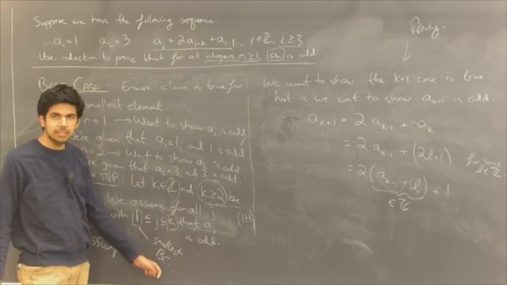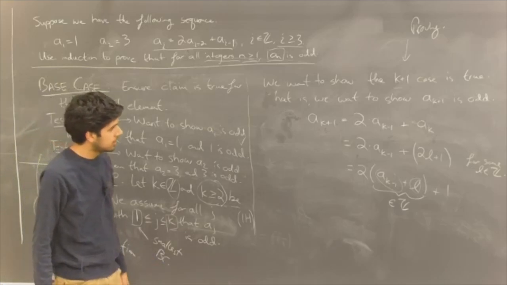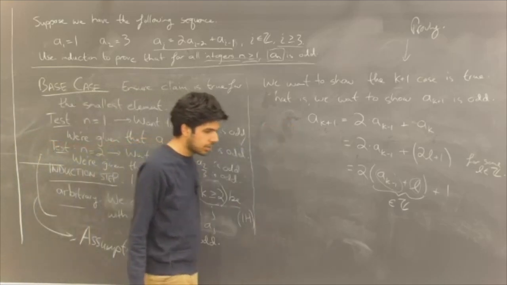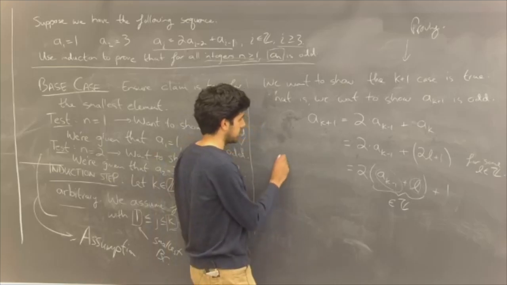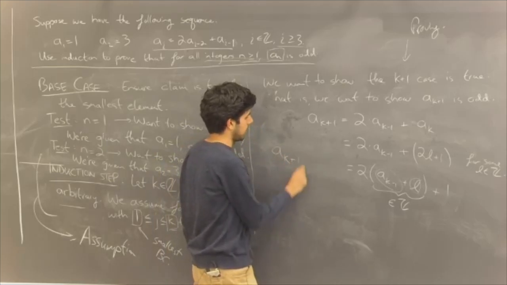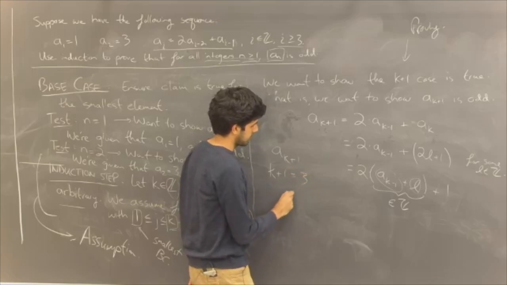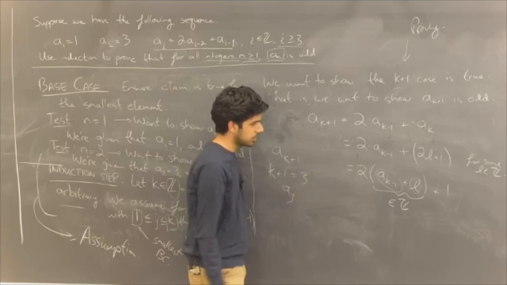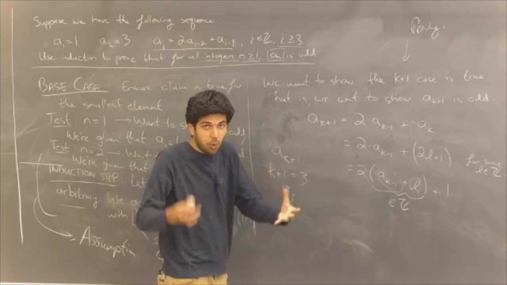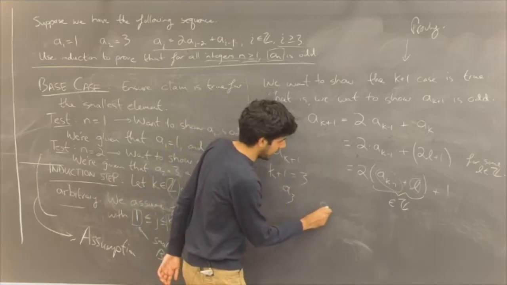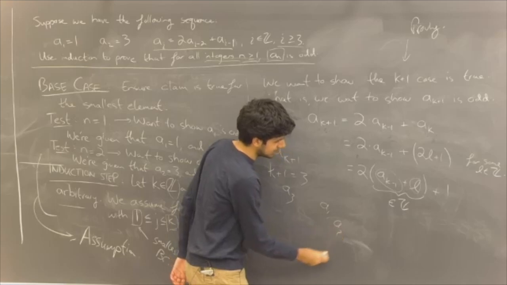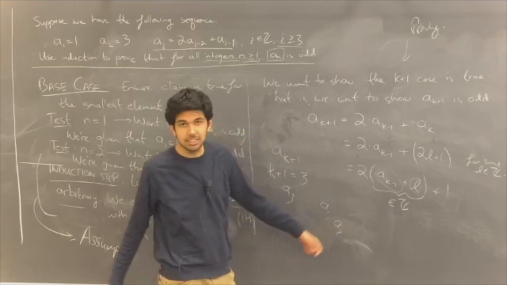Why is that the case? Because if we're showing a sub k plus 1 to be true, and maybe k plus 1 equals 3, so we're trying to show a sub 3 is true, well, we would want to know that a sub 1 is true and a sub 2 is true, not just a sub 2.